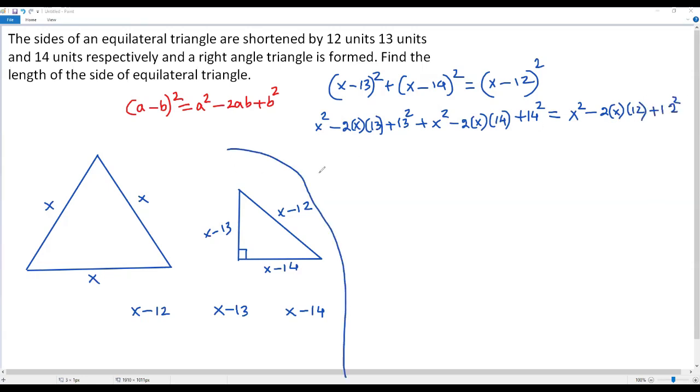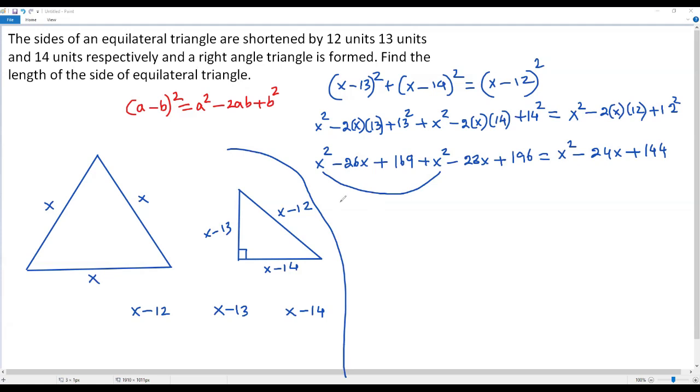Okay, now let me do some simplification. We get x square. When I multiply 2x and 13, I'm getting 26x. Here we have negative 26x. And the value of 13 square is 169, plus x square, minus 28x, plus 196, and here x square minus 24x plus 144. Okay, now let's combine the like terms over here. When I combine x square and x square, I'm getting 2x square.